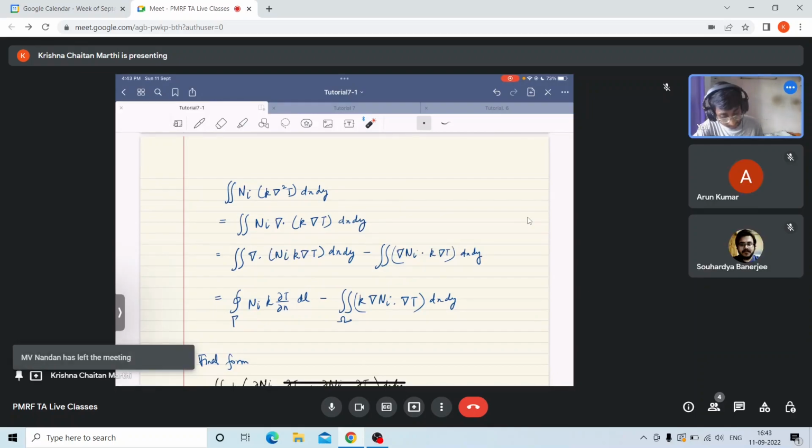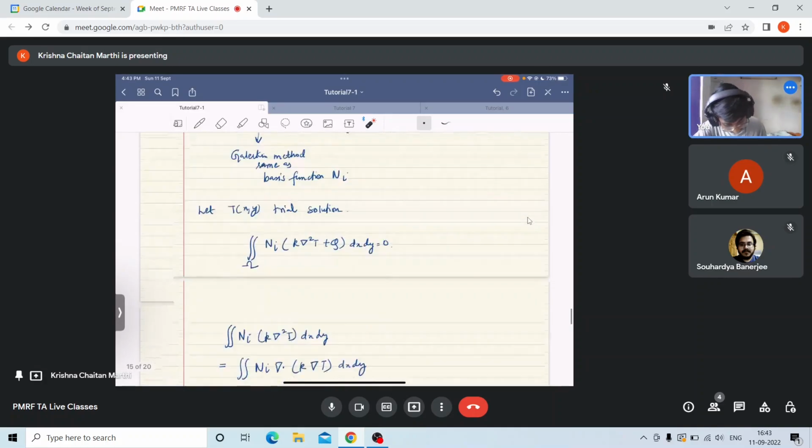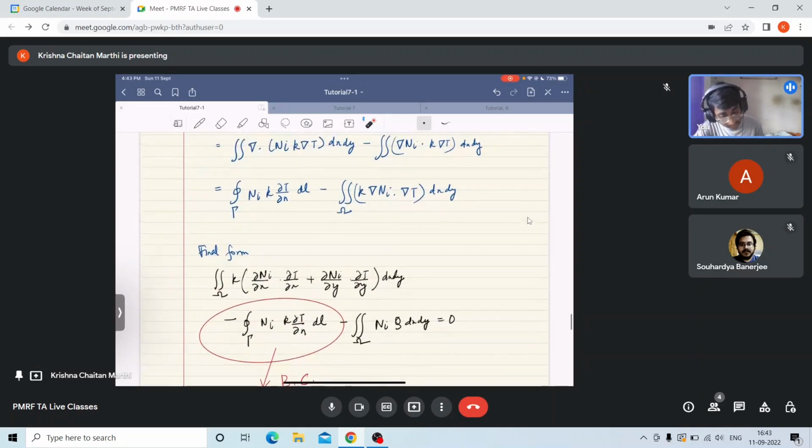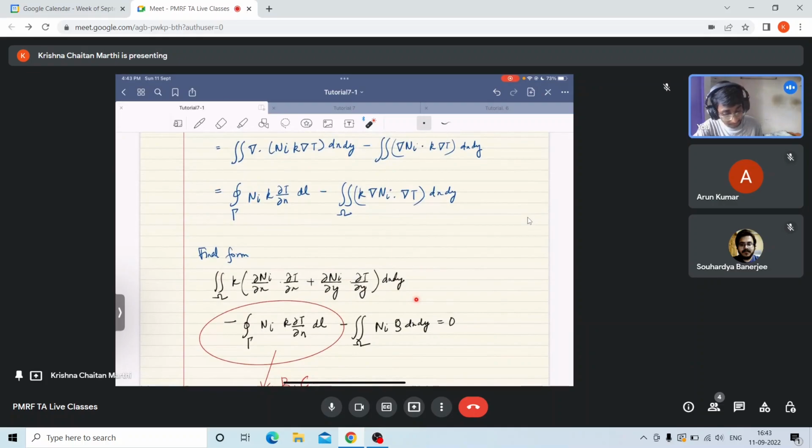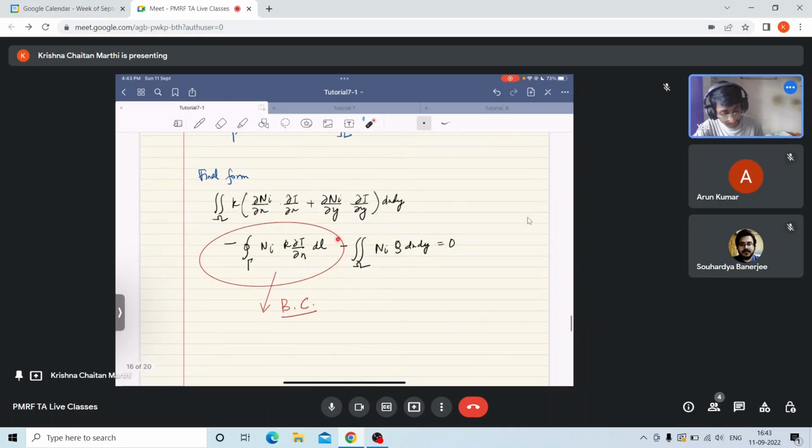This can be converted into line integral form: Ni k del T by del L dl minus the double integral of k nabla Ni dot nabla T dx dy. This is the final form of the expression, and this is a 2D problem, right? So let us say I have this 2D surface and I have elements.